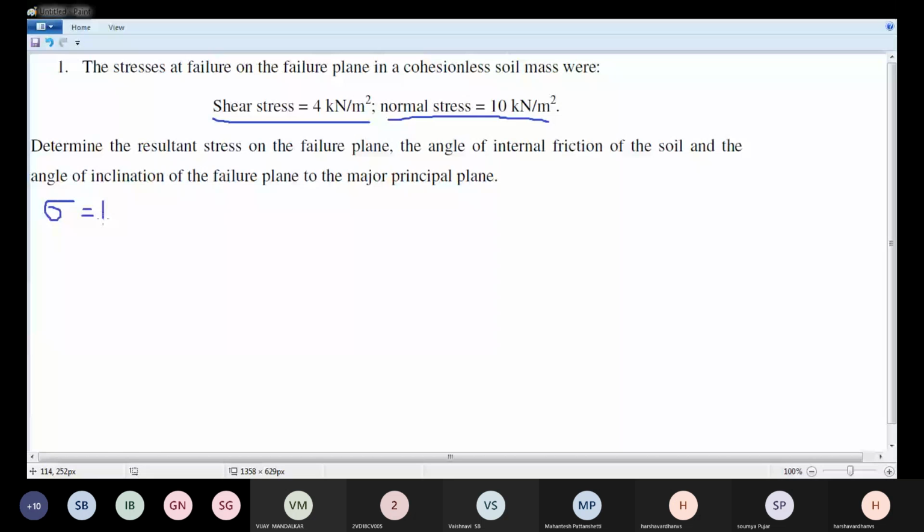Normal stress at failure was 10 kilonewton per meter square, and shear stress was 4 kilonewton per meter square. We have to determine the resultant stress, the angle of internal friction, and the angle of inclination of the failure plane.